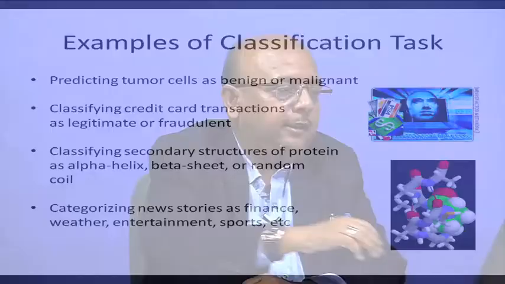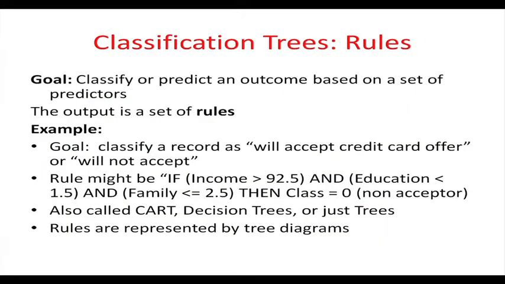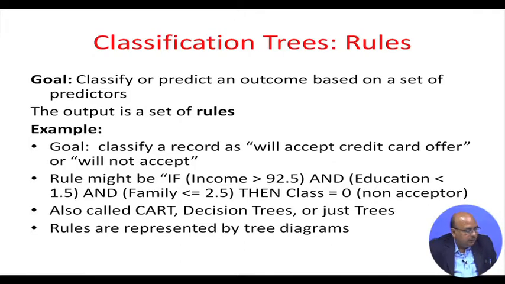So, this is how the tasks are classified, and based on this you are going to develop classification trees, and classify or predict an outcome based on a set of predictors. So, you have these predictors, and based on these predictors you are going to look at the outcome, right. For example, if you look at this, the rule is that if income and education and family, then whether it is going to be accepted or not accepted, right, will accept the credit card offer or will not accept.